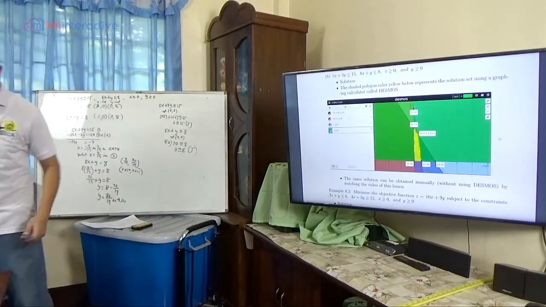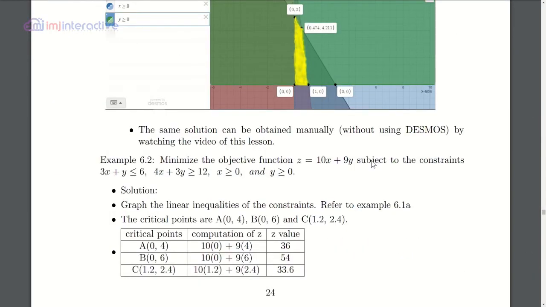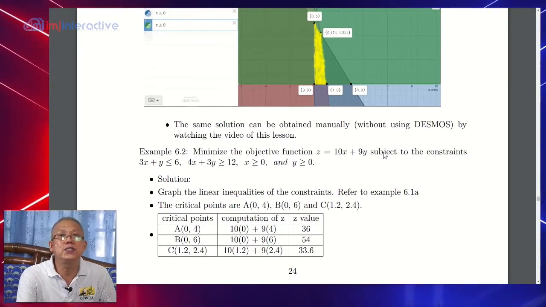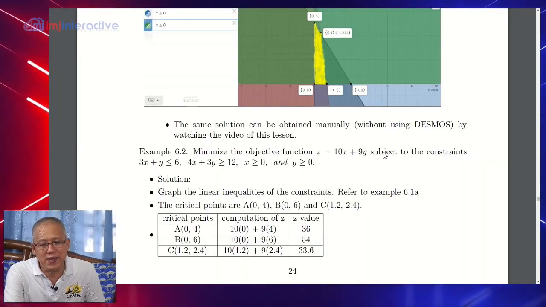Now, example 6.3, you are now given the objective function. So in example 6.2, you are asked to minimize the objective function. The objective function is given as z equals 10x plus 9y.